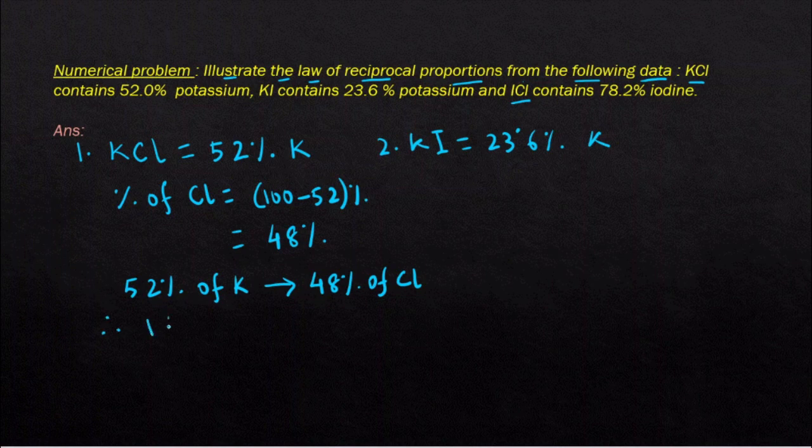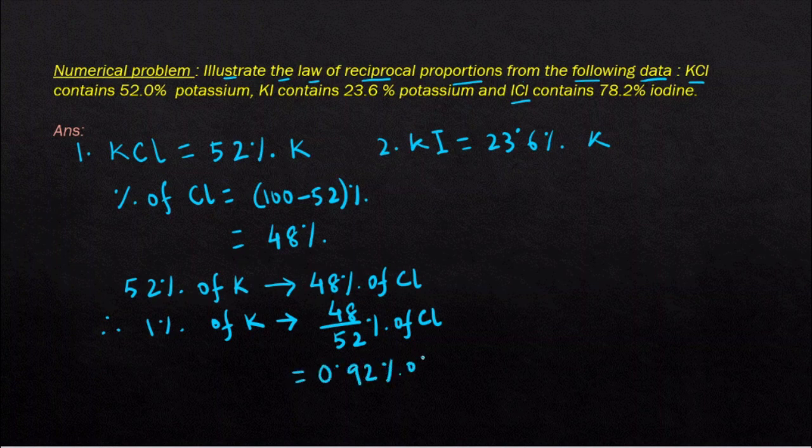Therefore, 1% of potassium can combine with 48 over 52% of chlorine. Here actually the mass of potassium is not fixed, so we have to make it fixed in any way. And it becomes 0.92% of chlorine.